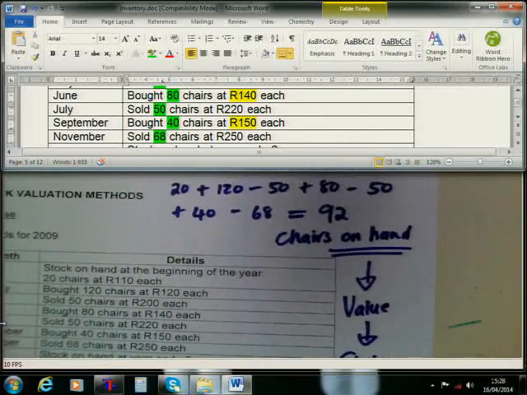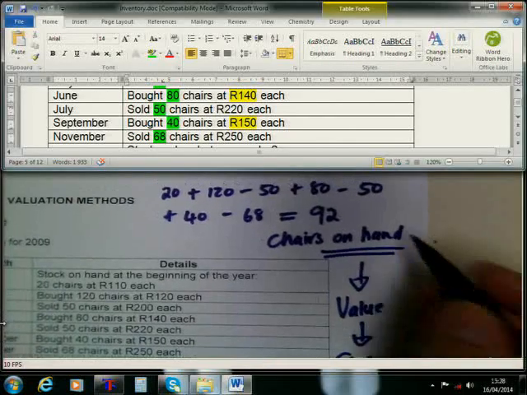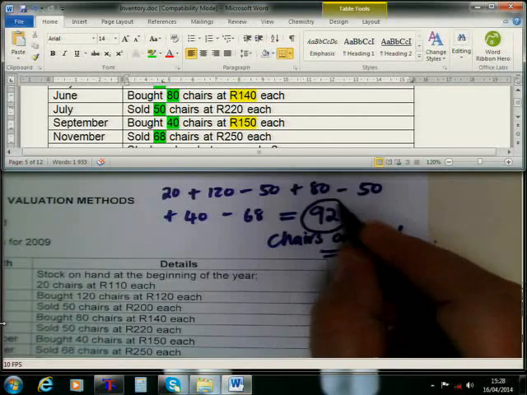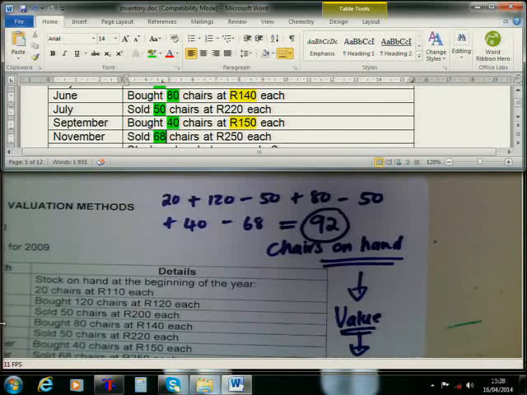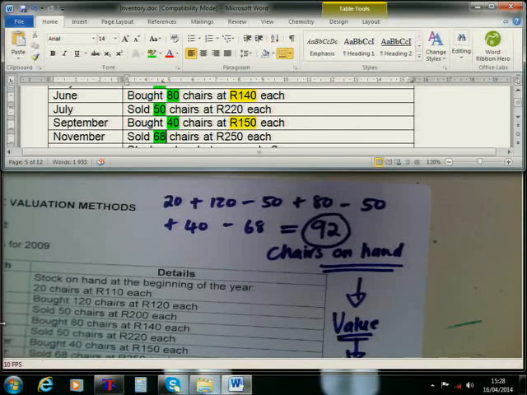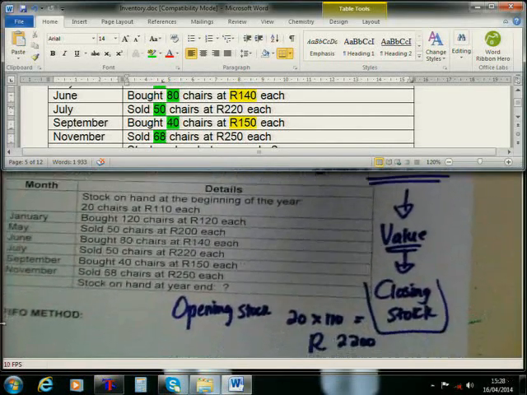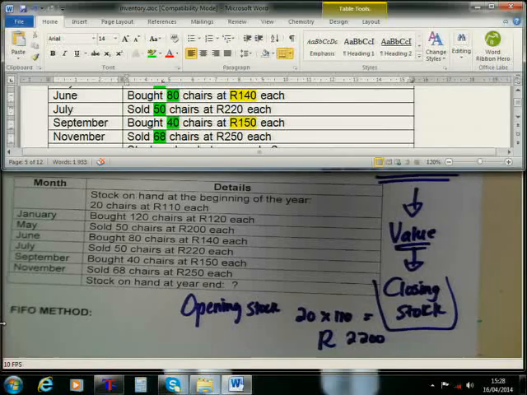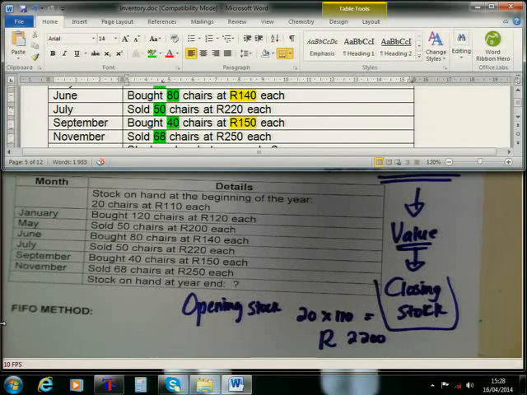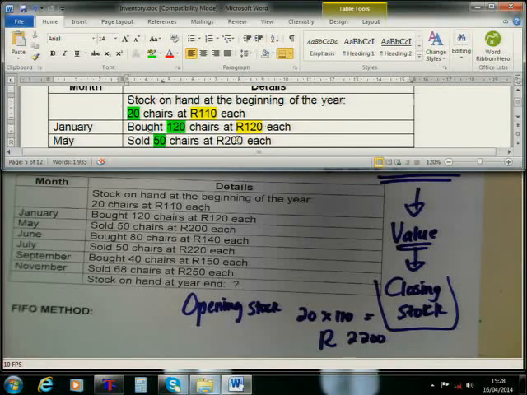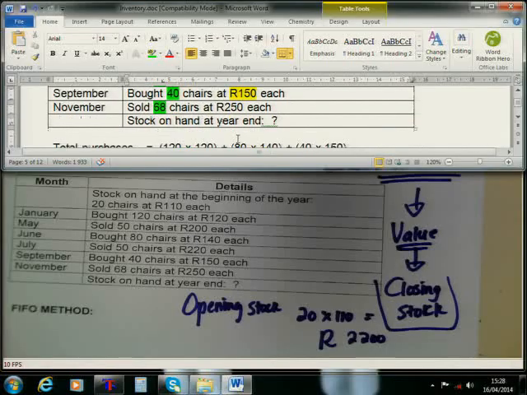So we calculate chairs on hand, that was 92. And we had to work out the value of that 92 chairs because that's going to give us the closing stock. And then I just ask you, what was your opening stock? It was the 20 chairs times the 110 rand that we've got on hand. And that is our opening stock, and there's our closing stock.